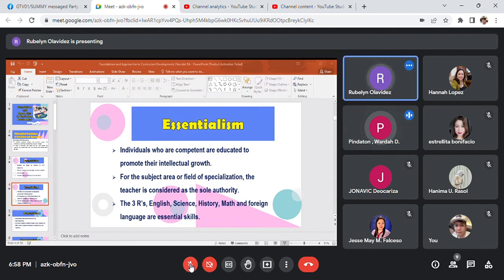Ma'am Robilin, just to let you know po, hindi po siya naka-slideshow. So bali nakikita po namin yung ibang slides.